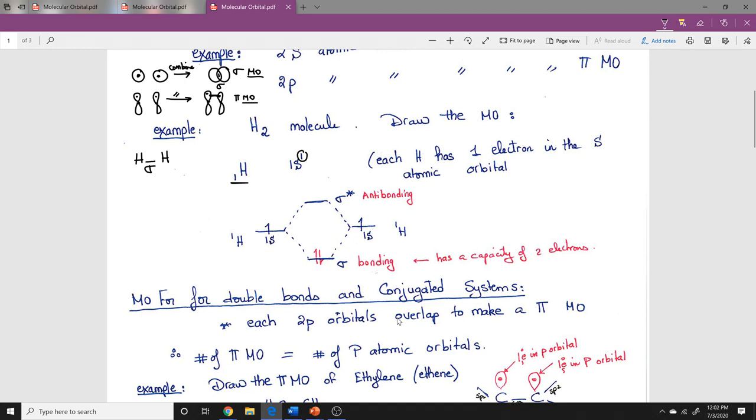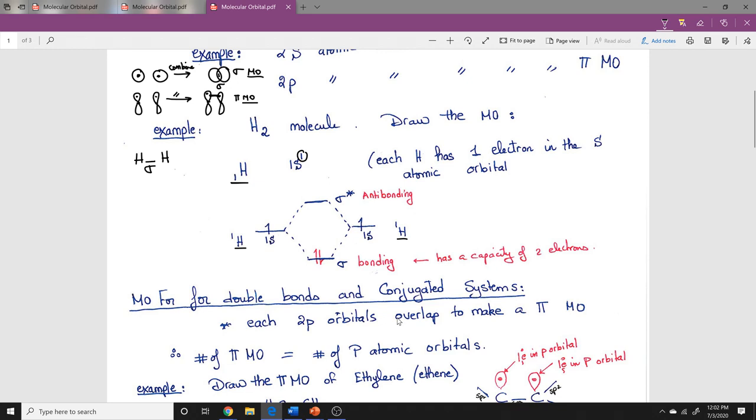So every hydrogen has one electron in the s orbital. So you draw these two hydrogens in there because, again, you're forming a bond between two hydrogen atoms. So you draw each hydrogen with a 1s atomic orbital, and in this 1s it has one electron. This is the electronic configuration.